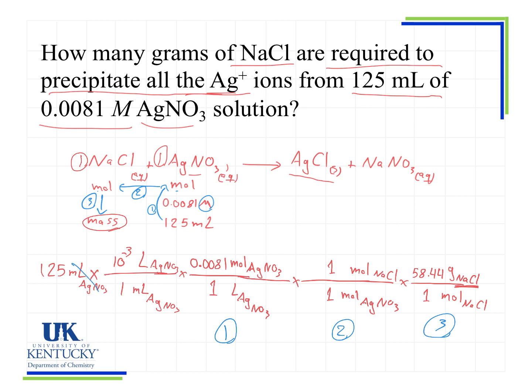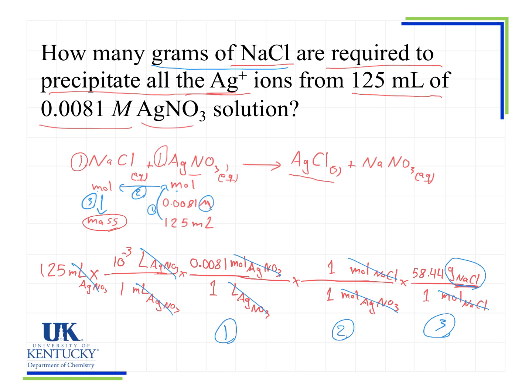So milliliter of silver nitrate with milliliter, liter of silver nitrate with a liter, mole of silver nitrate with a mole of silver nitrate, mole of sodium chloride with mole of sodium chloride, and we end up with the mass of sodium chloride. And that's what we want. It says how many grams of sodium chloride are required.